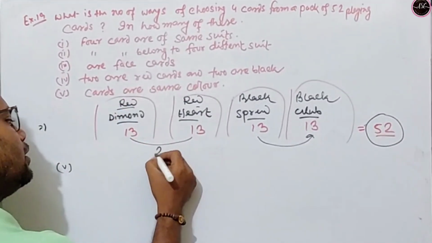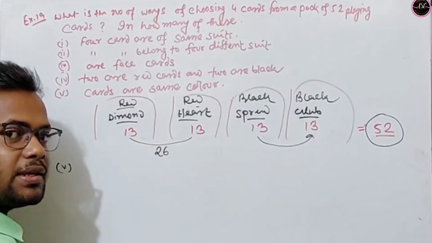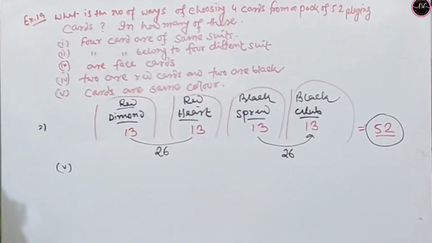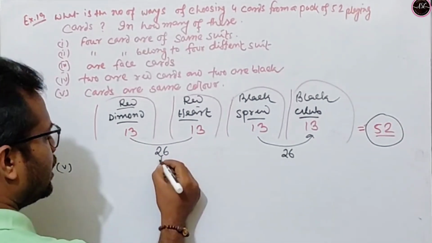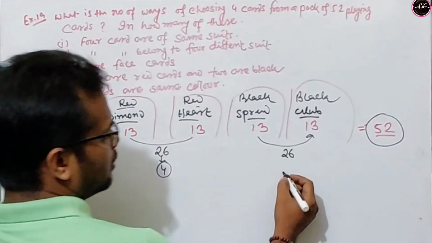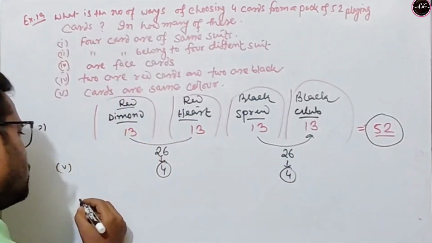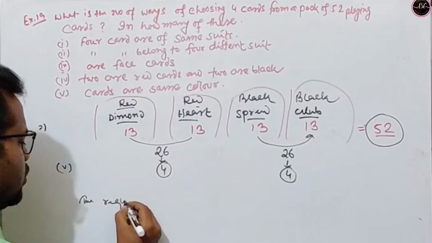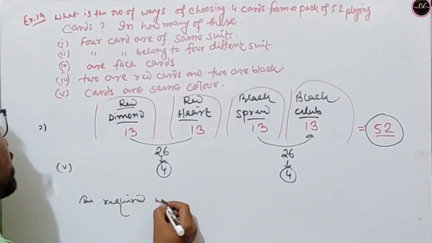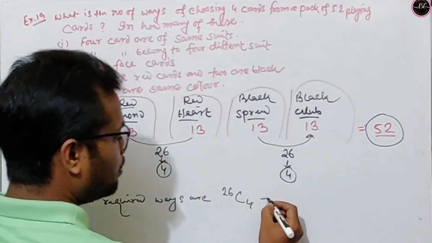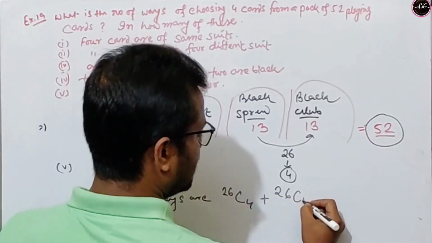So we have seen there are 26 red cards and 26 black cards. Okay, so if 4 cards are chosen from here and this 4 card can be chosen from here also. Okay, so the required ways are 26C4 plus 26C4.